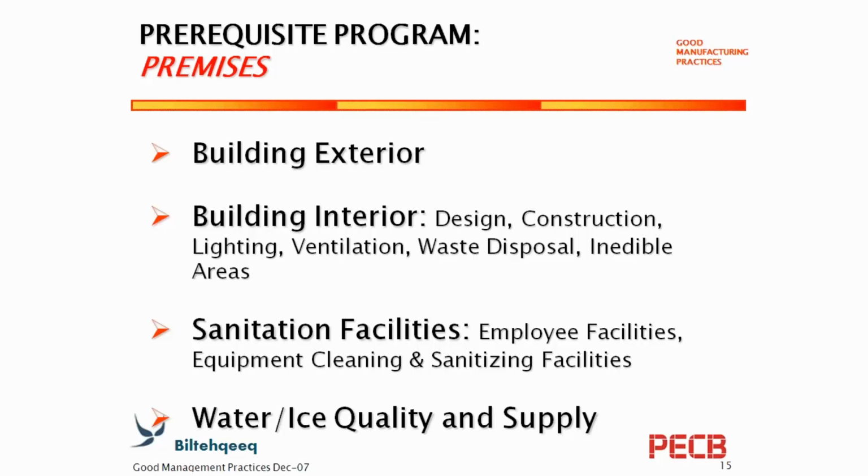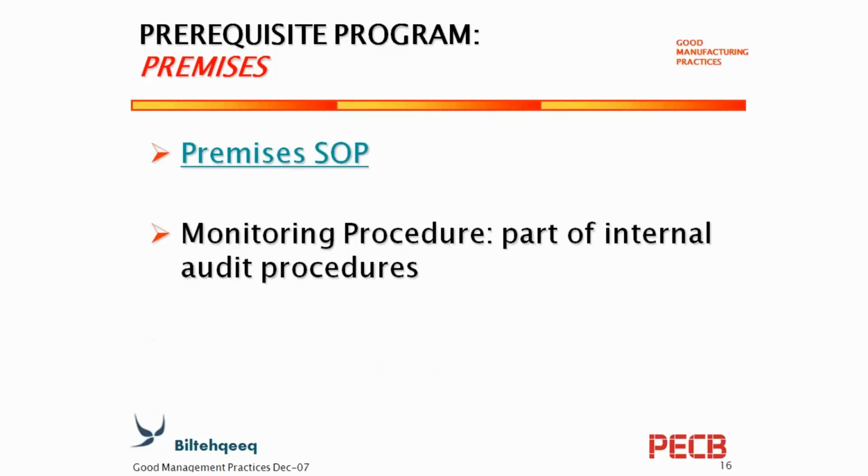And if you are using the water or ice in your manufacturing process, you have to ensure that there should not be any contamination through this water or ice. So you have to prepare a proper monitoring procedure, and you have to ensure that this procedure is well implemented, and you will check the implementation of this procedure through your internal audit.